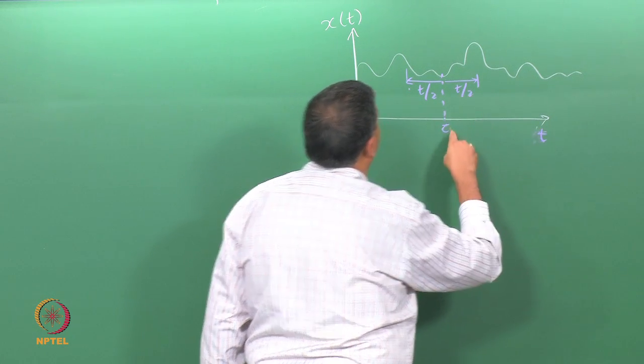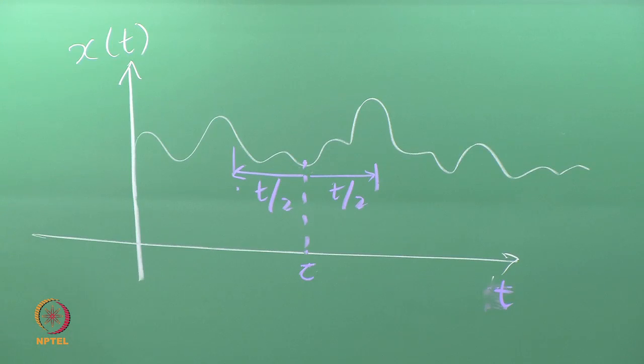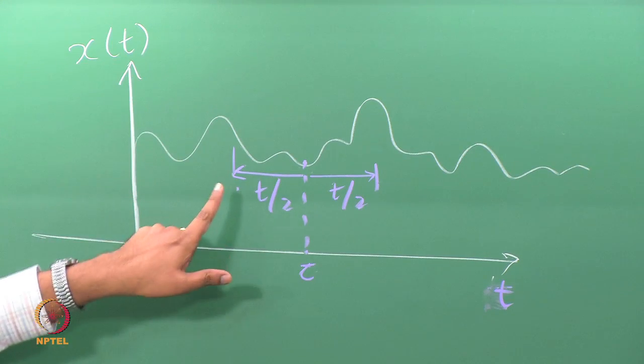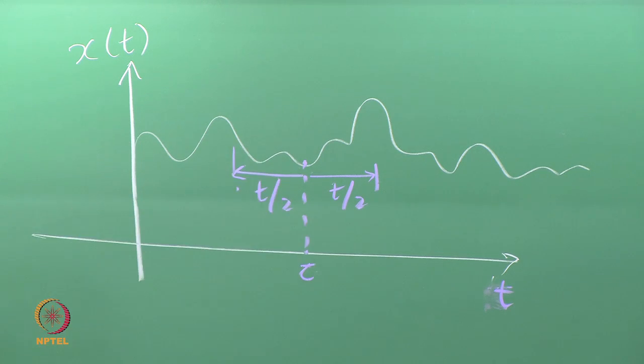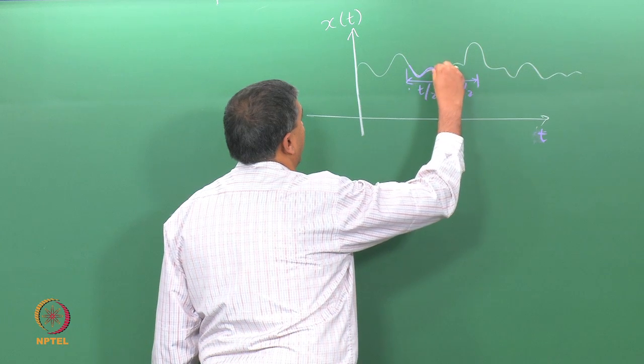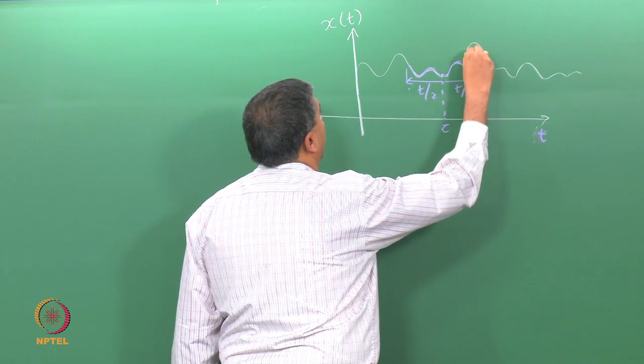So, I am standing at time tau and I am looking to the left and right and asking what is the extent of overlap between this segment here and this segment here.